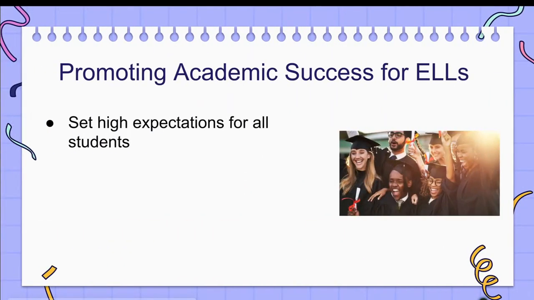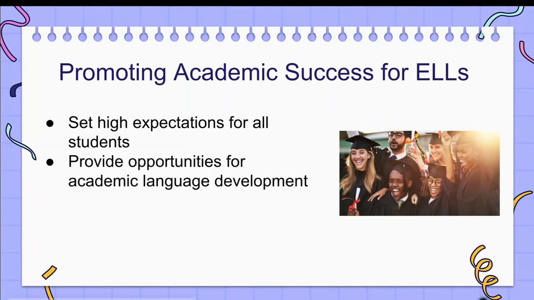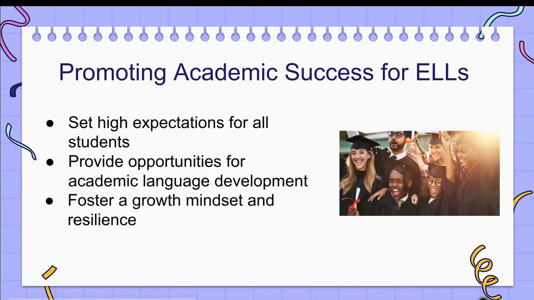To promote academic success for ELLs in Algebra 2, number one, set high expectations for all students. ELLs are capable of high level mathematical thinking, even if they're still developing their English skills. Provide opportunities for academic language development. This means intentionally teaching and practicing the language of mathematics.